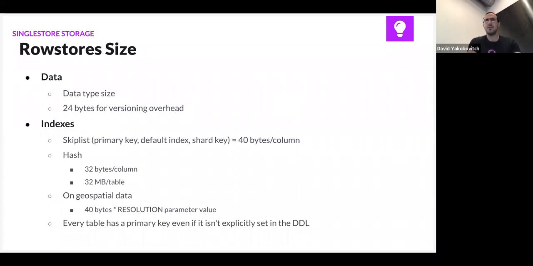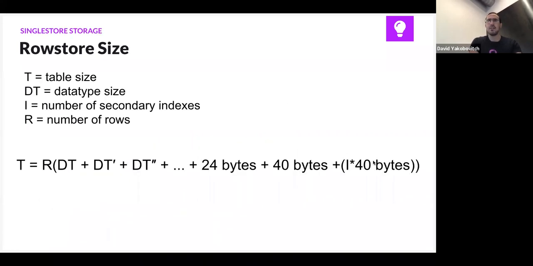So it's very important to do an architectural design about the schema. And this means thinking about data type sizing, overhead versioning, indexes, and amount of data per column that can be used. And you could do a back of the envelope calculation on Rowstore sizing, simply as the number of rows multiplied by the summation of all these indexes and data types that are included.